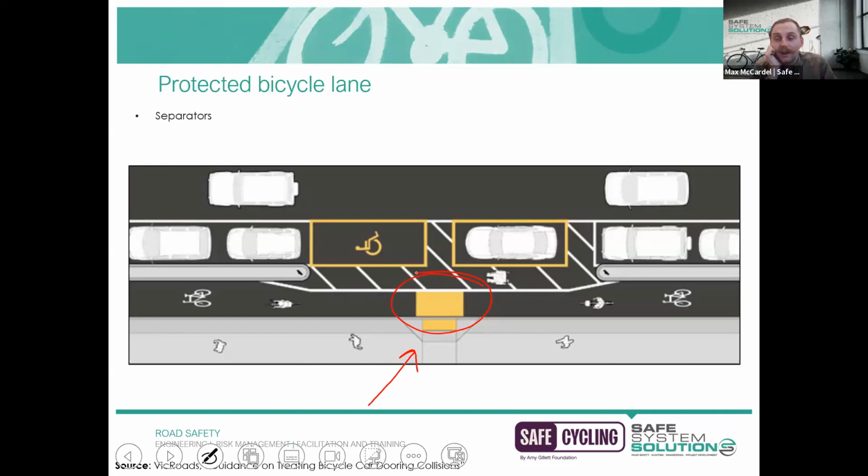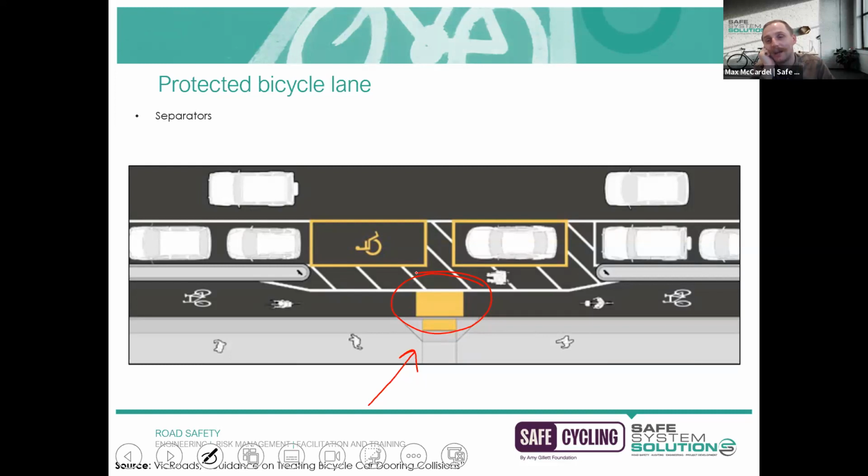So I have also seen that, and I think that the wheel stops generally work quite well with most passenger vehicles, but for those that are in four-wheel drives, they can quite easily get over the top of those things and not even feel it. Like it's an absolute tiny little bump in the road.